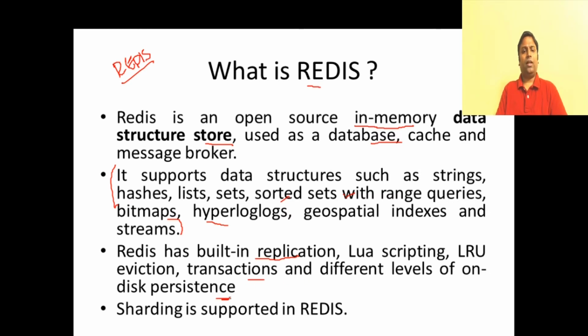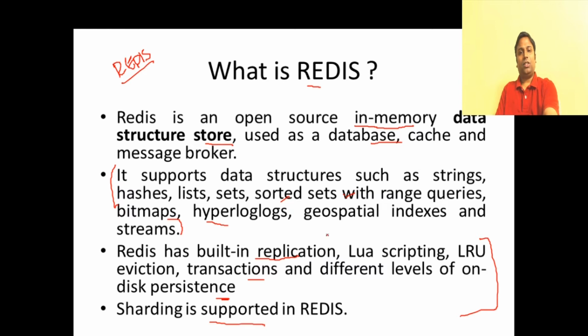We're going to look at the difference between in-memory and on-disk persistence in the coming slides. I'll be explaining that. Sharding is also supported in Redis. So it has the functionalities of a NoSQL DB. The only thing is it is in-memory, and it also uses on-disk persistence whenever needed.